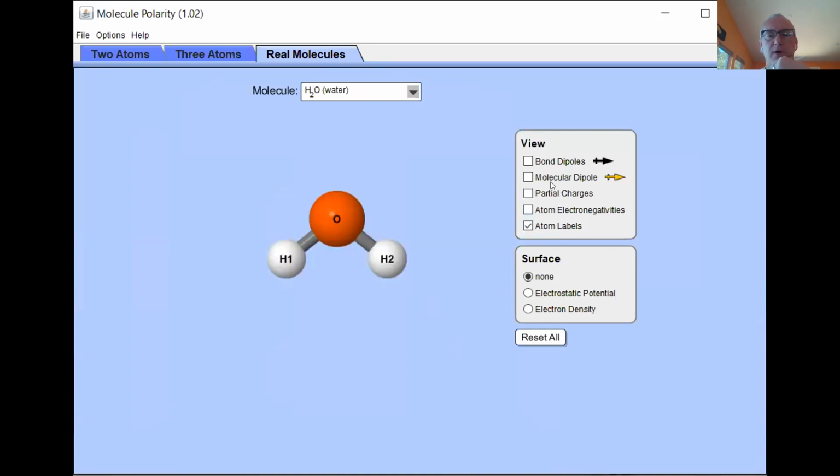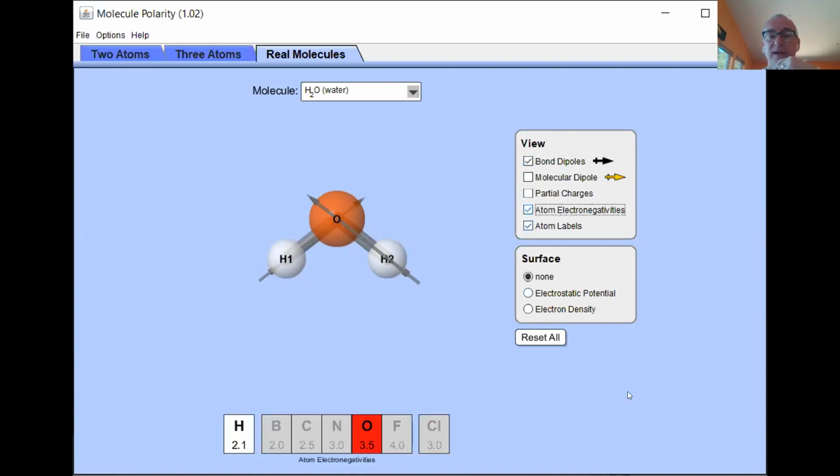So let's look at the bond dipoles. So it makes sense that they're both pointing right through oxygen. They're both pointing towards oxygen, because hydrogen is less electronegative than oxygen is. So you can also look at the atom electronegativity.